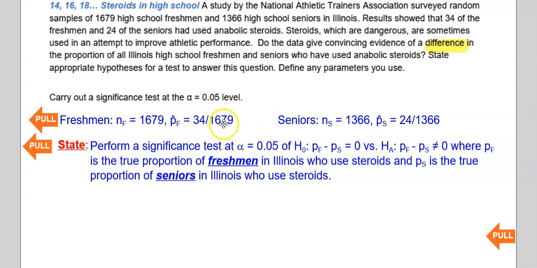We are using our sample statistics for inference on the population parameters. The alternative is that p sub f minus p sub s is not equal to 0 because, again, we're looking for a difference, so that's a two-sided test, where p sub f is the true proportion of freshmen in Illinois who use steroids, and p sub s is the true proportion of seniors in Illinois who use steroids.